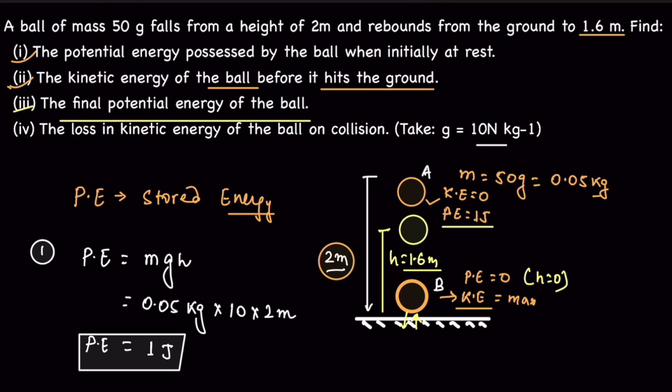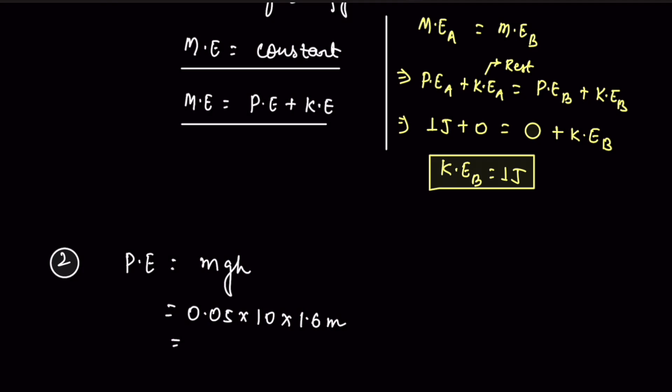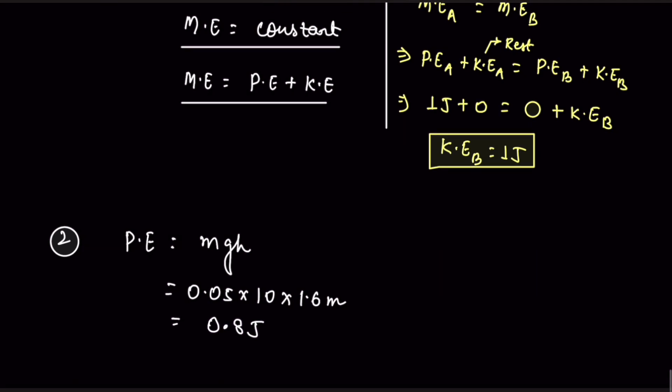Again, we use the same potential energy formula, but in this case the height will change. So potential energy is equal to mgh. Mass is the same, 0.05, g is also the same, 10, and height is 1.6 meter. So we get 0.8 joule. So this is the potential energy at the new point. Let's take it as point C.